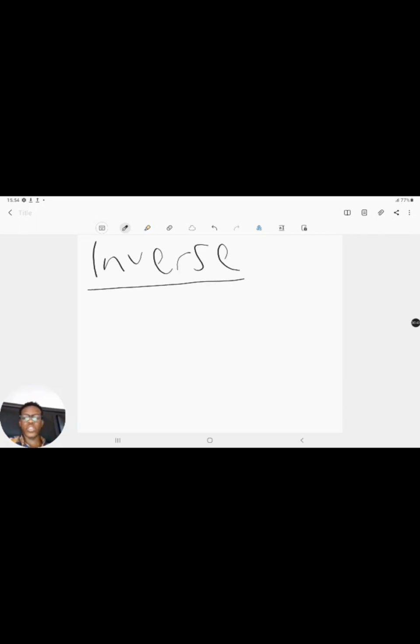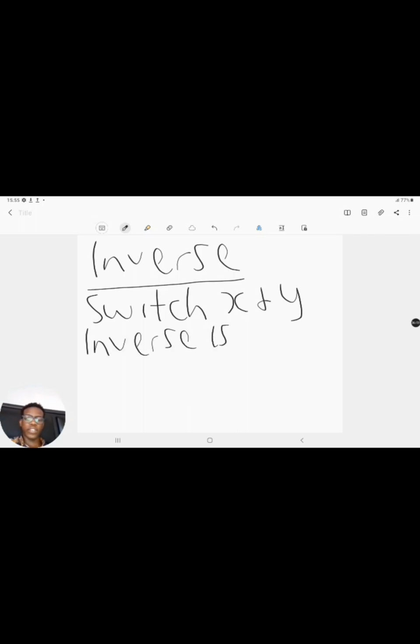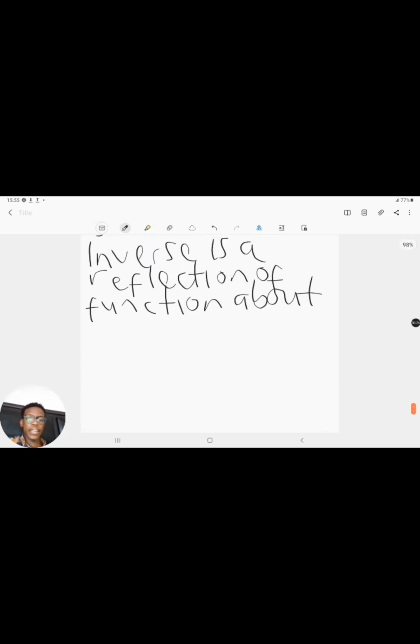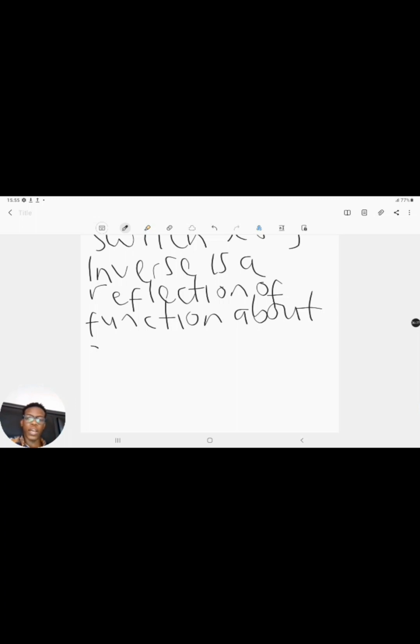When we're finding the inverse, we interchange x and y values, and once we do that, the inverse is a reflection of the function about the line x is equal to y, or you can say y is equal to x.